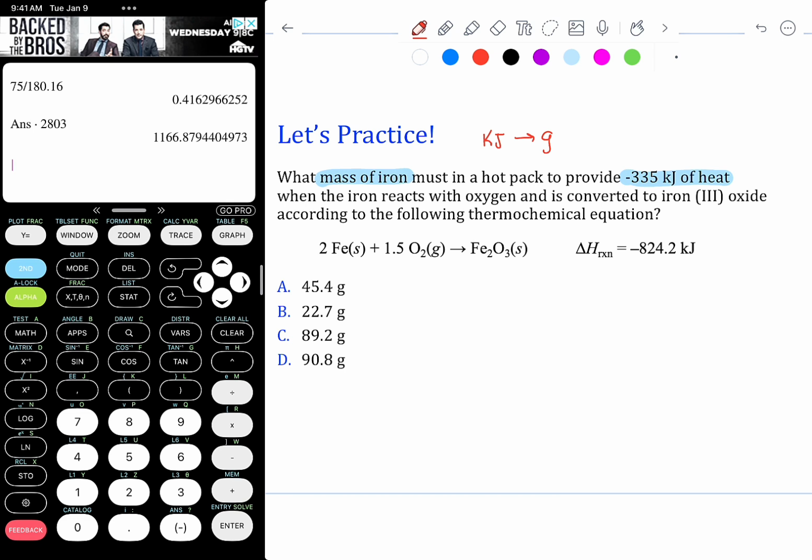So we have to go through moles along the way. So we're going to start with our kilojoules. We're going to convert that to moles, specifically moles of iron, because we want to get the mass of iron. Okay, so try this problem out, pause your video, do this calculation, and you have 4 options for answers to check your work.